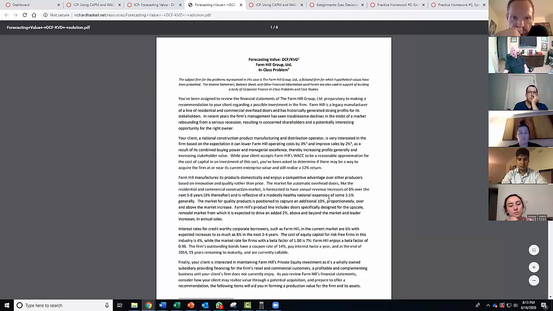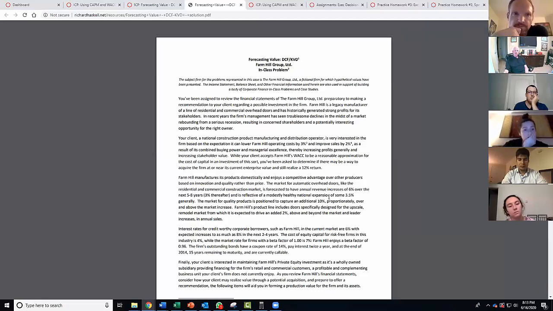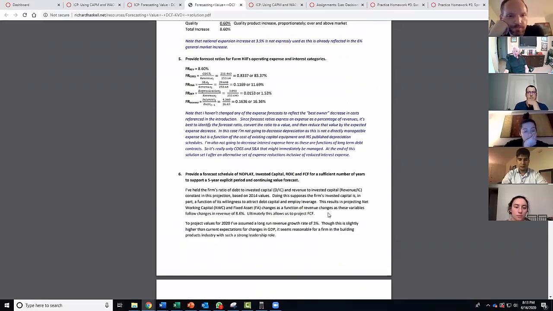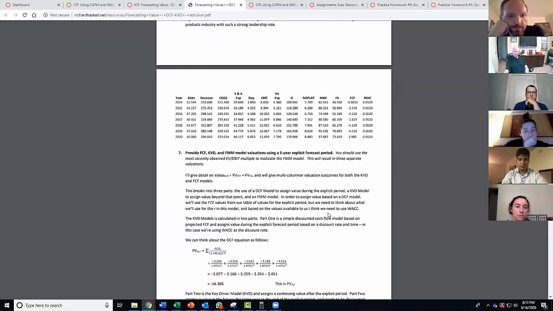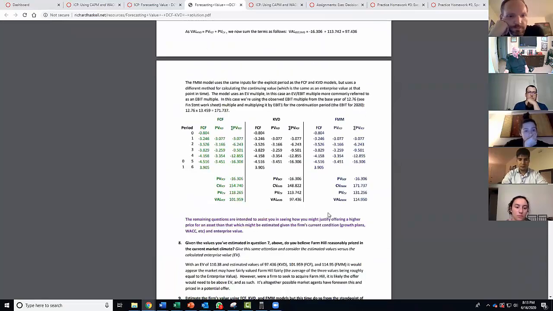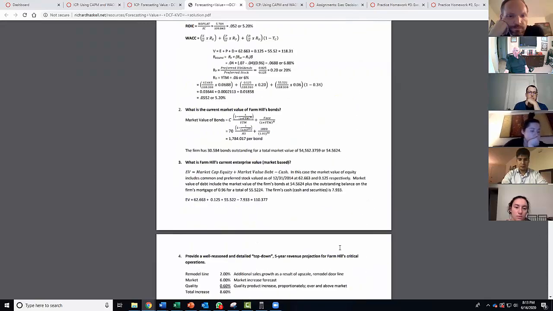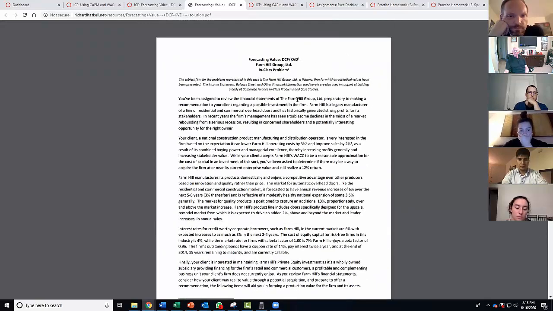So we're looking now at the forecasting value DCF KVD, and you'll see that as we work through this, I believe one of the last things I ask you to do, I hope I'm right, is motivate the FMM model, okay? So you're going to have to be given some kind of clue as to what multiple to use. So in this case, let's read through this some. We're given some information, but none of that's about a multiple, just some background. We're given some more background.